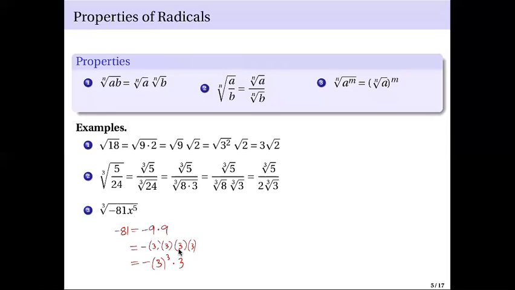But we have a negative here and the power is odd. We can put this negative inside, which means this is the same as negative 3 to the power 3 times 3.